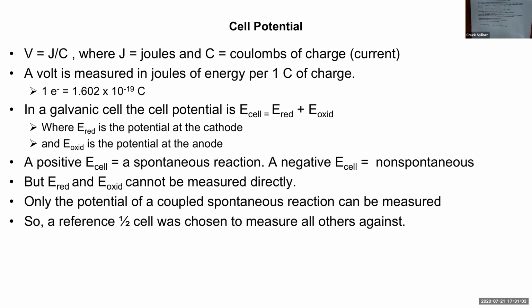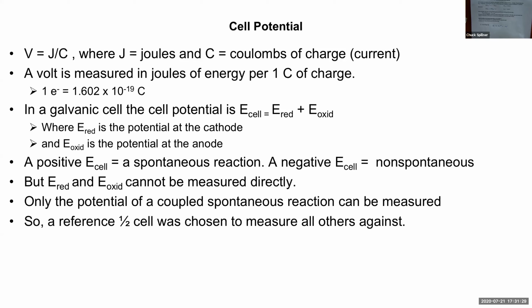In order for a cell to generate voltage, the reaction has to be spontaneous. So E cell is positive for a spontaneous reaction, and it'll be negative for a non-spontaneous reaction. So that's what this fourth bullet point says.